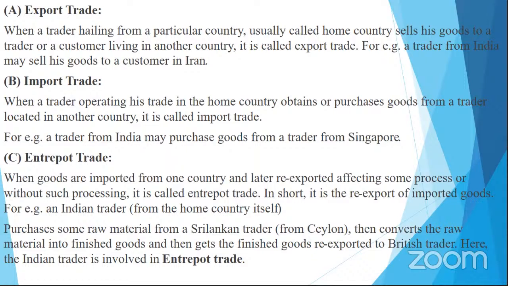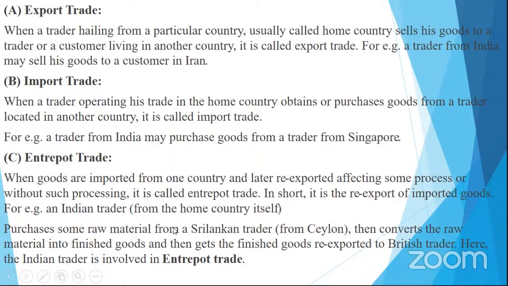For example, when goods are imported from one country and later re-exported, after some processing or without such processing, it is called entrepot trade. In short, it is the re-export of imported goods.